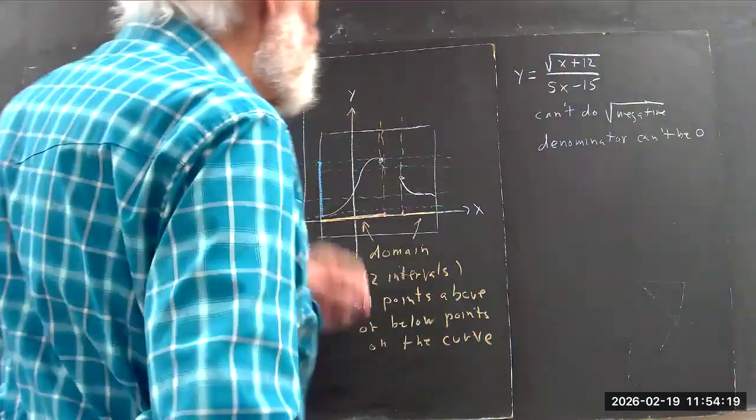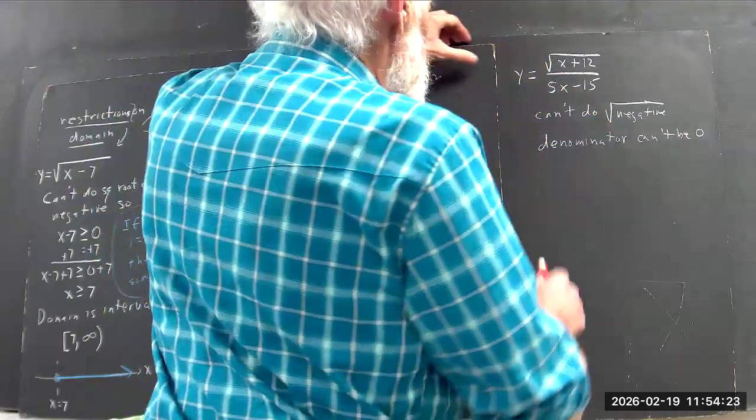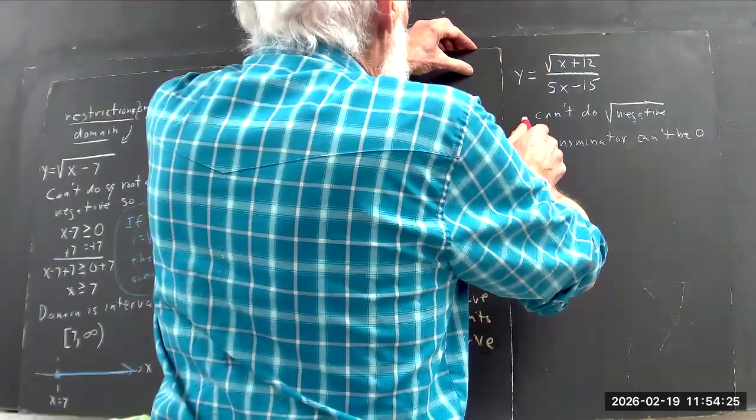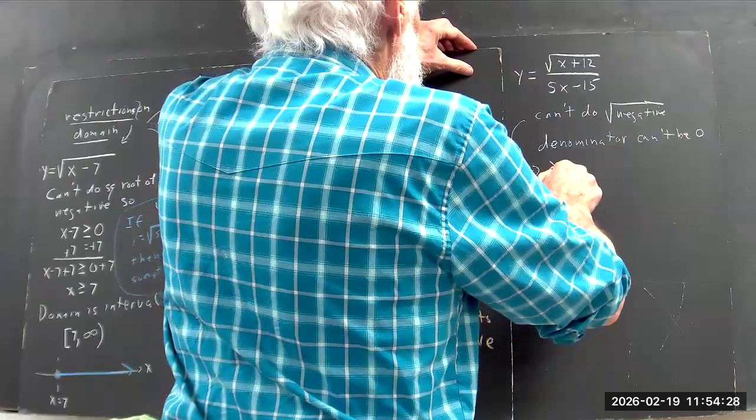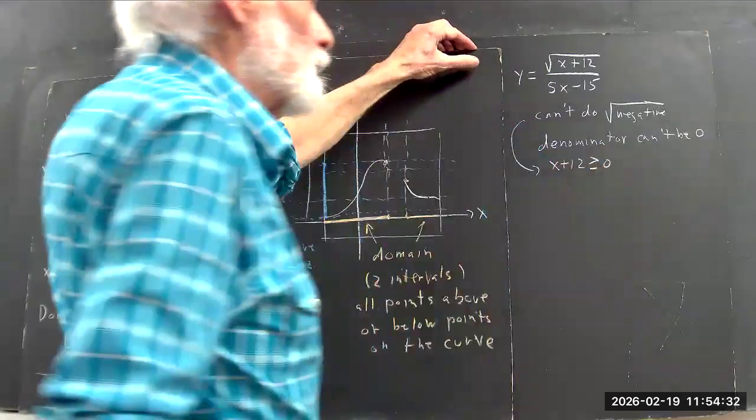Okay, now if you're watching this, you should have proceeded. Okay, you can't do the square root of a negative. So that tells you that x plus 12 can't be negative, which means it's greater than or equal to 0.